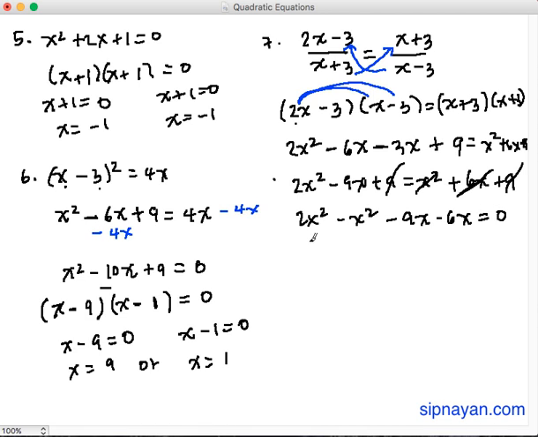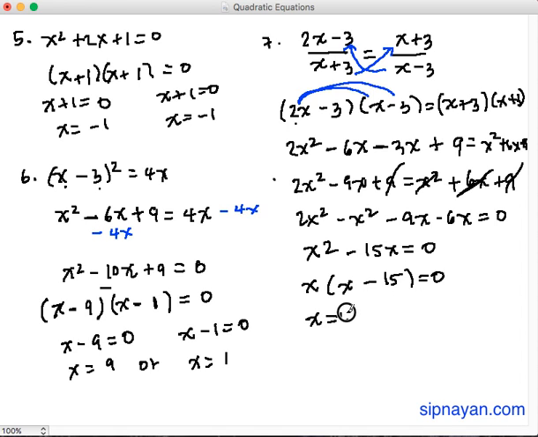So, 2x squared minus x squared is x squared. And then, minus 9x minus 6x is minus 15x. Is equal to 0. Factoring out x. Ang x squared divided by x, x na lang natira. And then, 15x divided by x, 15 na lang natira. Is equal to 0. So, we equate both expressions by 0.